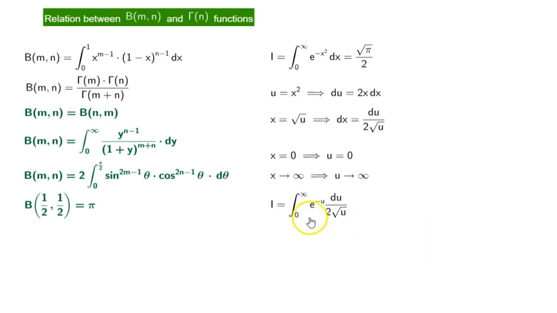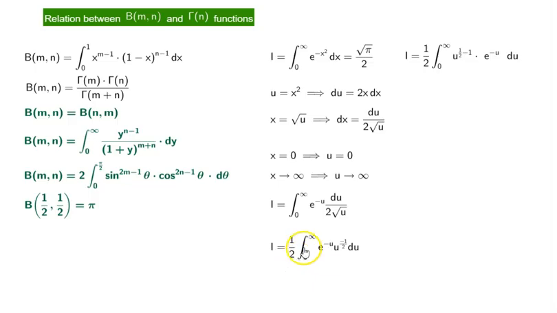So let's carry out the substitutions. We get I is equal to the integral from 0 to infinity of e to the power of minus u du by 2 root u, because that is what dx is. 1/2 can be taken out. So we have I is equal to 1/2 times the integral from 0 to infinity of e to the power of minus u times u to the power of minus 1/2 du, because here root u is in the denominator.